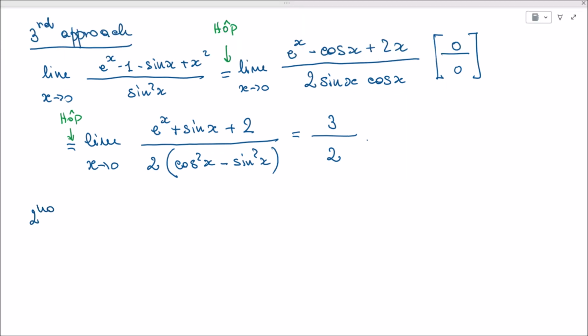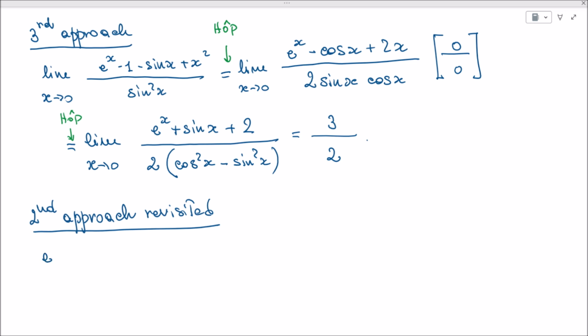Second approach, revisited. So the right approach is not to use the asymptotic equivalence, but to use the infinitesimal.